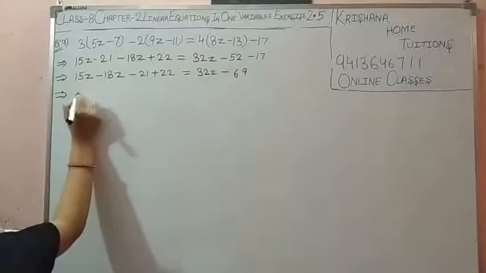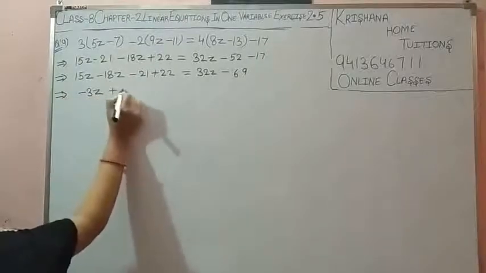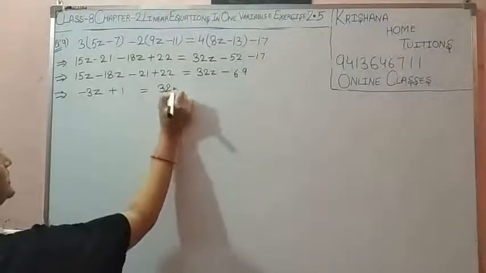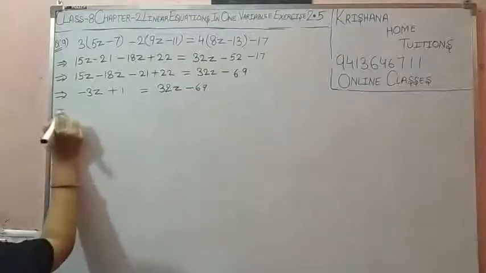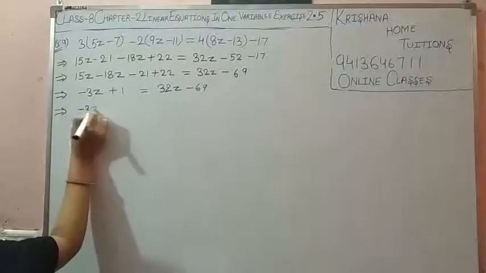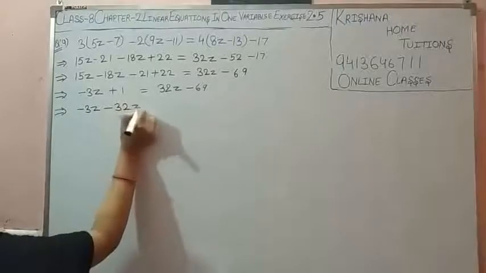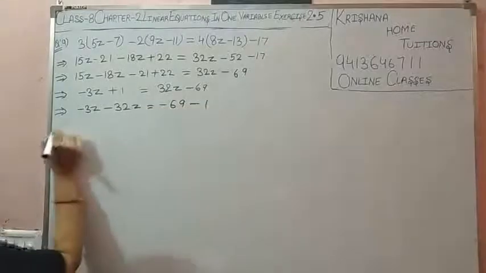15z minus 18z is equal to minus 3z, plus 1 is equal to 32z minus 69. Now I am transferring the terms: minus 3z minus 32z is equal to minus 69 minus 1.